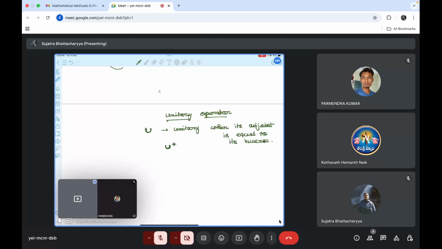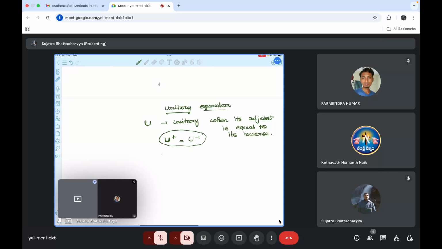You can say that the transpose conjugate of U is equal to the U inverse. This is the definition of the unitary matrix. So again, U dagger U is equal to U U dagger is equal to I. The left inverse, right inverse kind of a thing. Okay. So this exists.